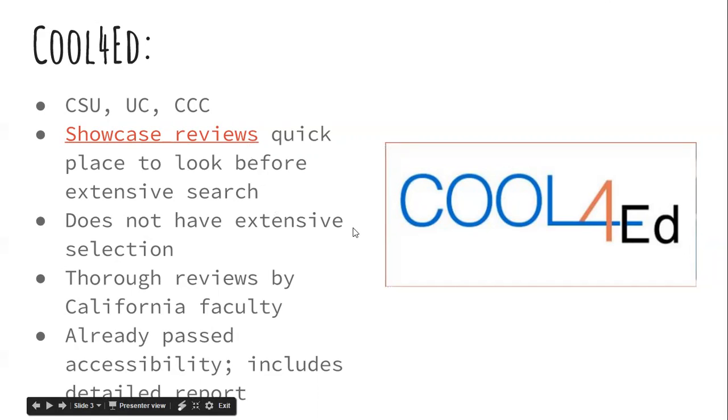It doesn't have a lot of resources, but the resources that they do have have very thorough reviews by other faculty, and they also have accessibility reviews, which can be really useful. They have detailed reports on those. So let's look at these really quickly.